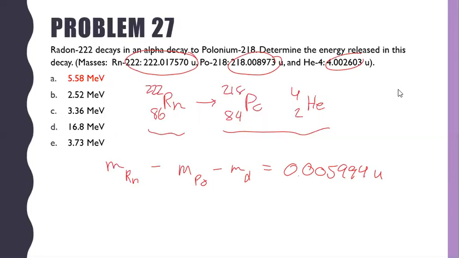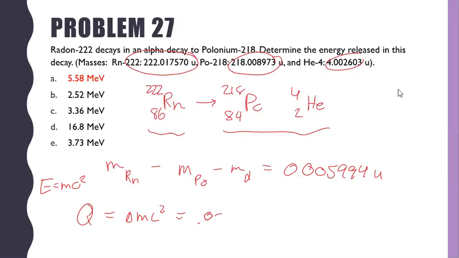That's atomic mass units. I need to calculate the energy. Sometimes we see it as E equals mc squared. That's the conversion from mass to energy. It happens to be called a Q value when you're calculating the energy released in a reaction. So I'm going to call it Q, but that's not really important in this problem. So I have this mass, it's really a change in mass, that gets multiplied by c squared.